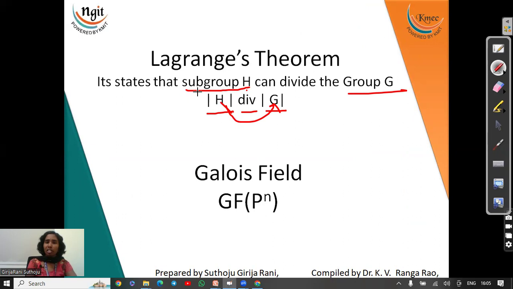Next, Galois field. A Galois field GF gives one statement: P is a prime number with some power value. Prime will be the base value and the exponent will be any integer. Let us write 8.